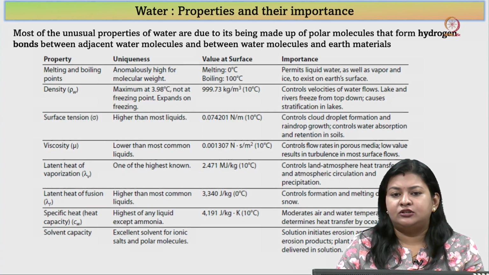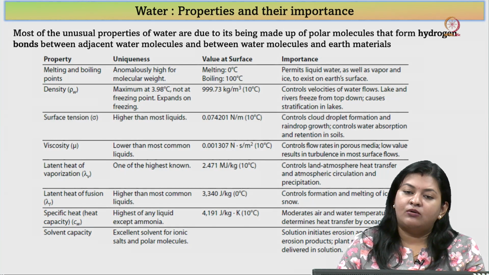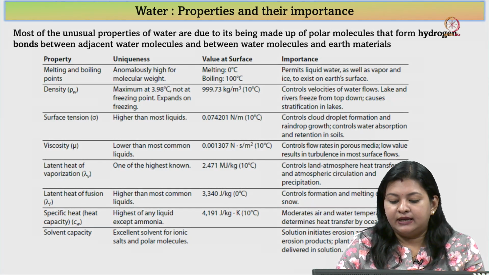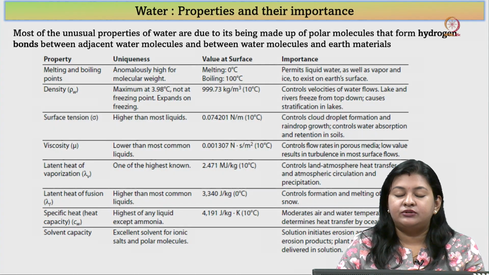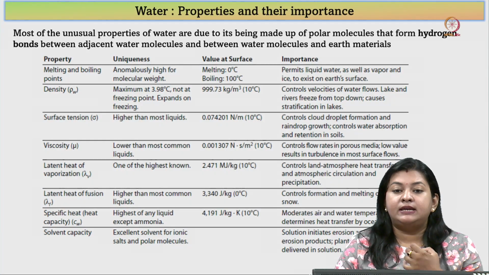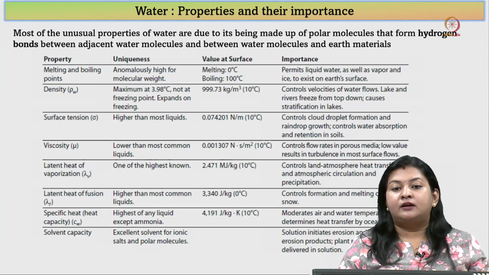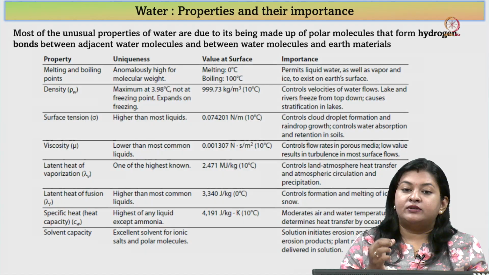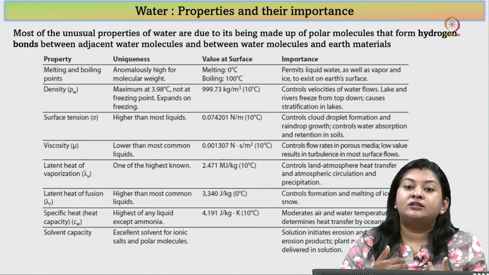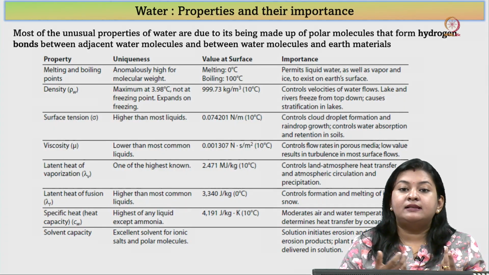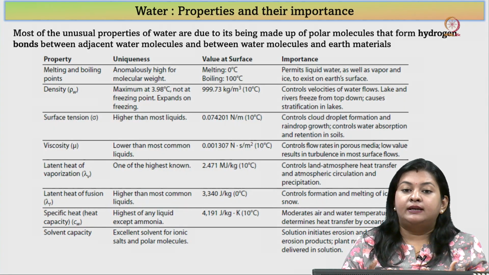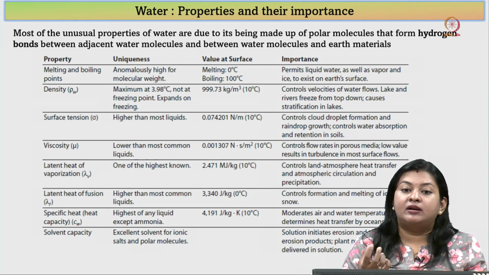It is an excellent solvent for ionic salts and all kinds of polar molecules, and this property is one of the most important because it helps us perform all the bodily organic functions. So, it is so important for something to dissolve in water and for the reactions to happen, so that the products being formed can take some other shape.